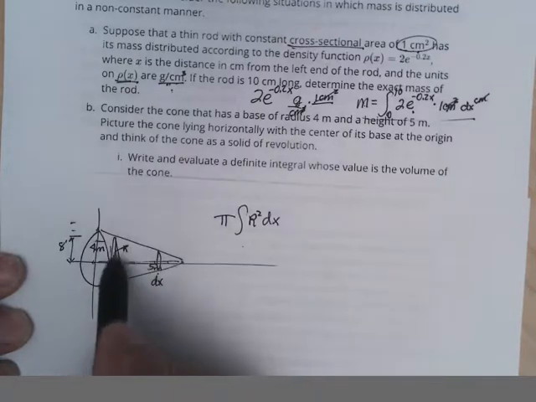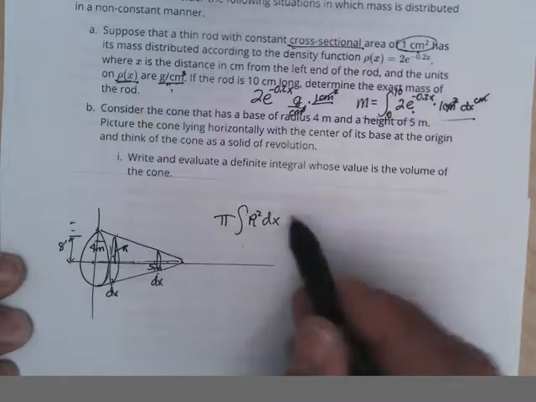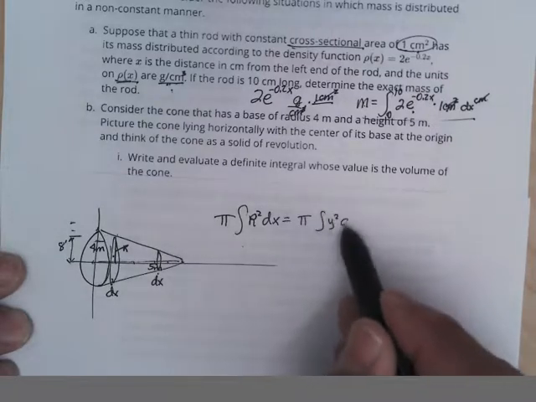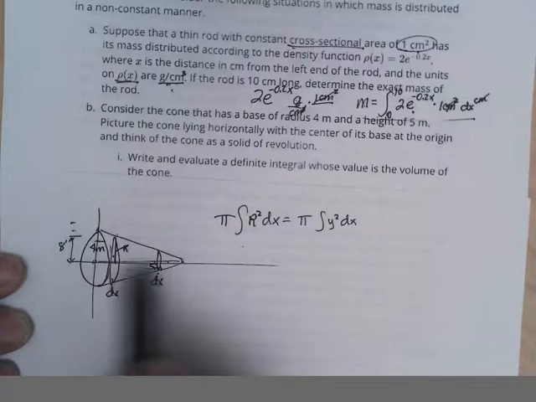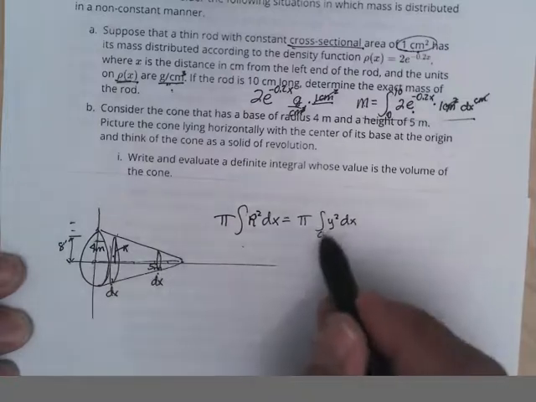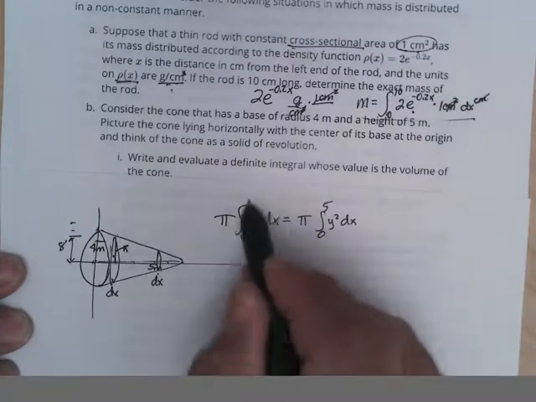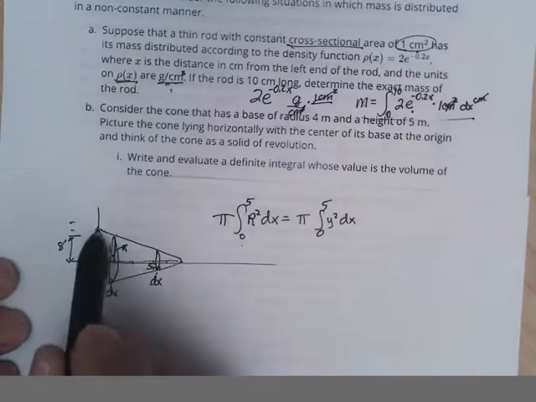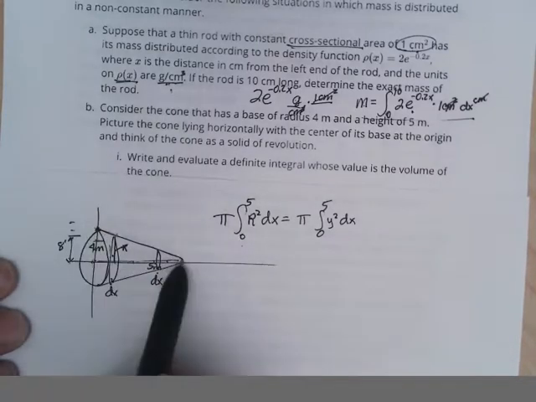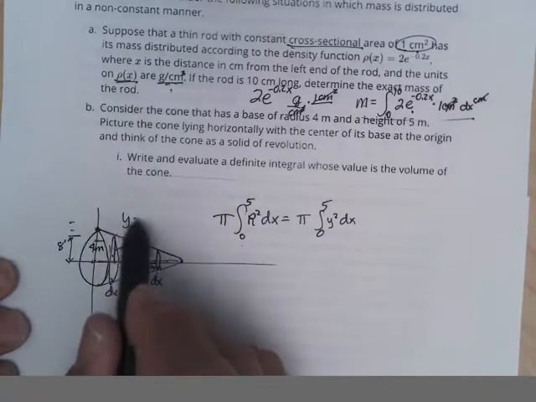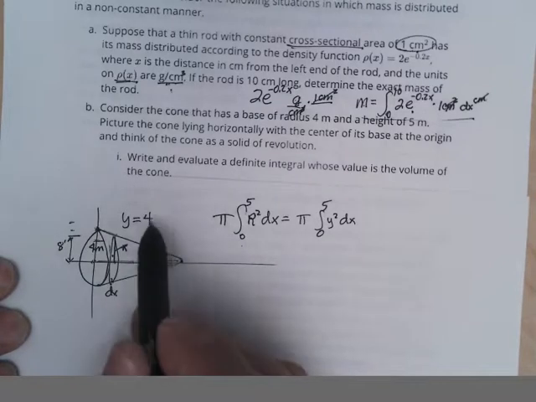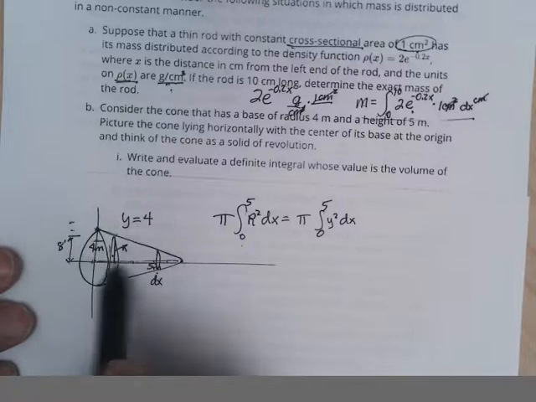So that's the y direction. So it would be pi integral of y squared dx, going from 0 to 5, because that's where x goes from. But again, this is an x, so we're going to have to figure that one out. Well, if it goes through 4 up here, and it's a straight line because it's a cone, the equation has a y-intercept of 4, and then it has a slope of down 4 over 5.